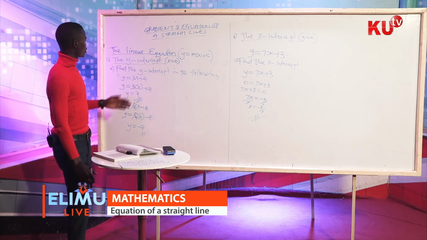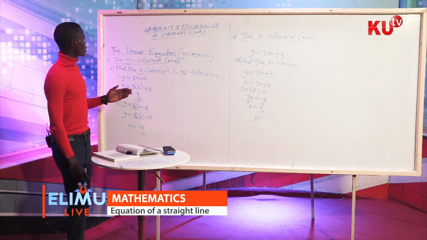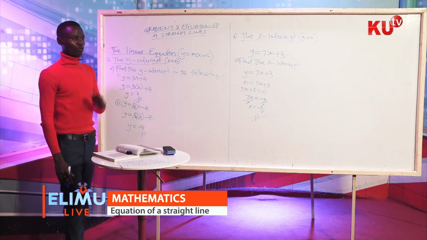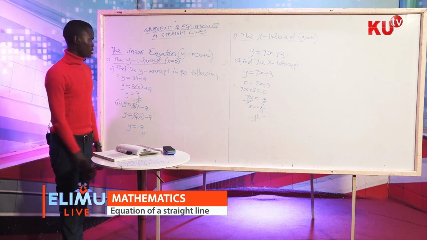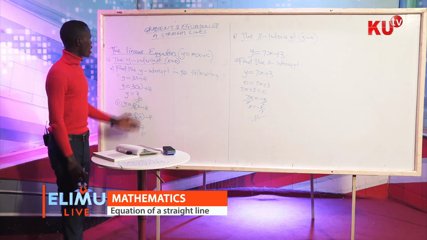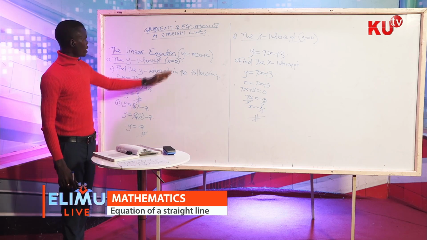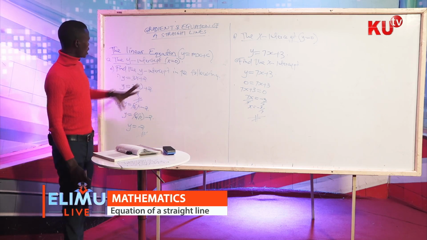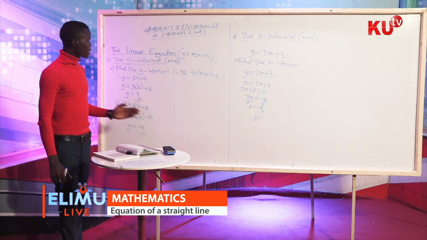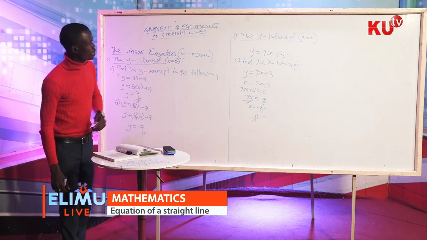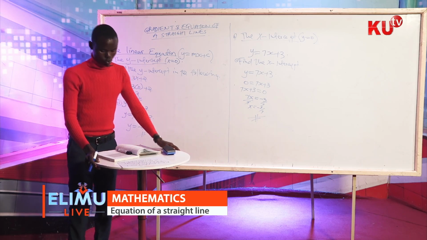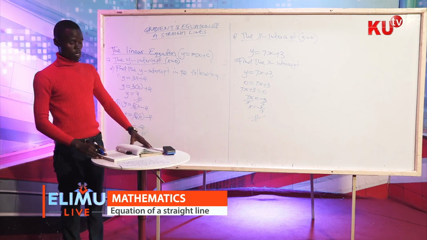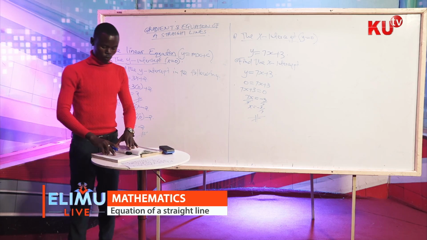And finally, we did the linear equation, which is y equals to mx plus c, where we did the y-intercept, which is x equals to 0, like you can see on the board, and we worked it out. And finally, we did the x-intercept, which is y equals to 0. So that marks the end of our lesson for today.